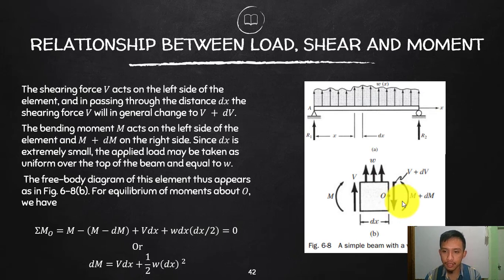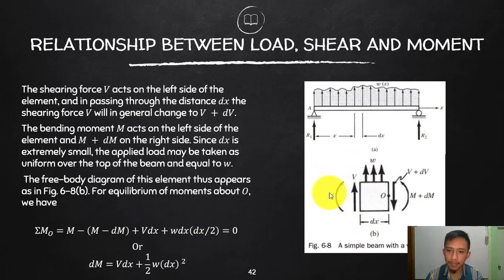If we sum moments at this point O, there will be no moment for the V plus dV. What we have is the moment M, the M plus dM, and of course your loading w on top. Let's assume that clockwise is positive.